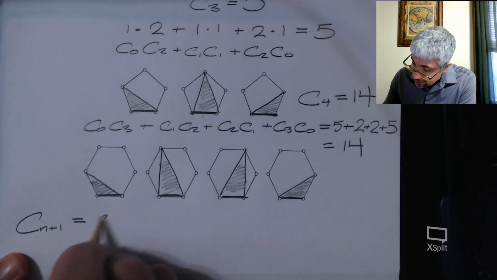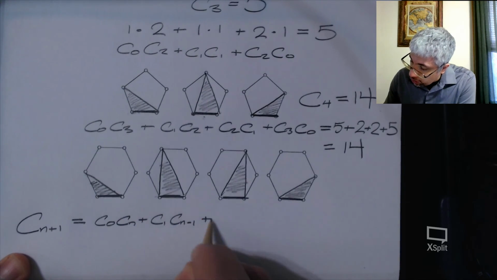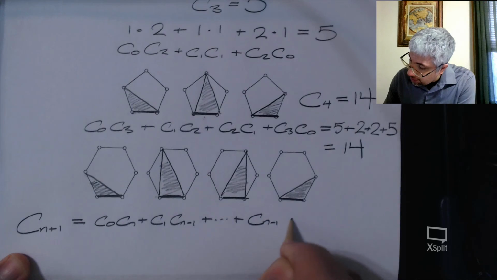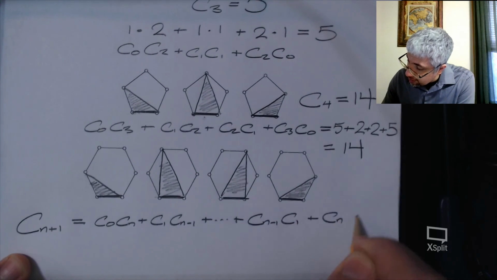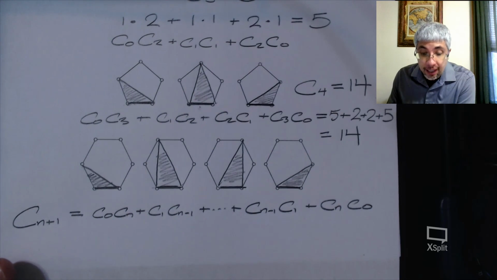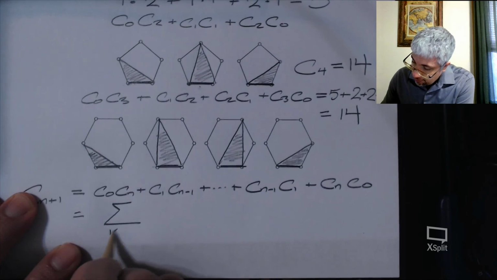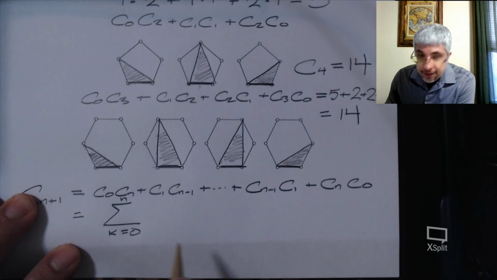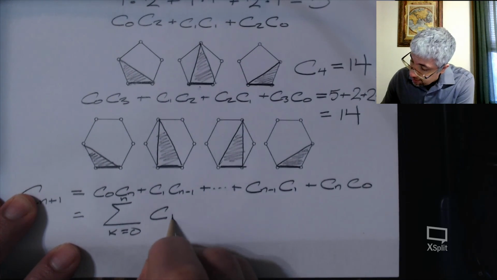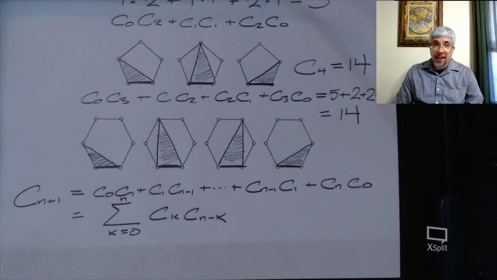Well, I'm going to get C0 Cn, plus C1 Cn-1, all the way to Cn-1 C1, and I'll end with Cn C0. And I finally get the number of ways that I can triangulate an n+2 gon to be the sum from k equals 0 to n of Ck Cn-k. And that's my answer that works for general n.